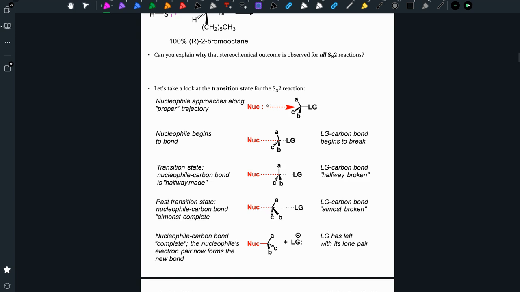Notice as my nucleophile is coming, we have my 3 substituent groups all pointed to the left in this case. As the nucleophile comes in, those are going to have to slide over as the leaving group leaves, and they'll all be pointing to the right afterwards. Okay? We call this an inversion of stereochemistry.